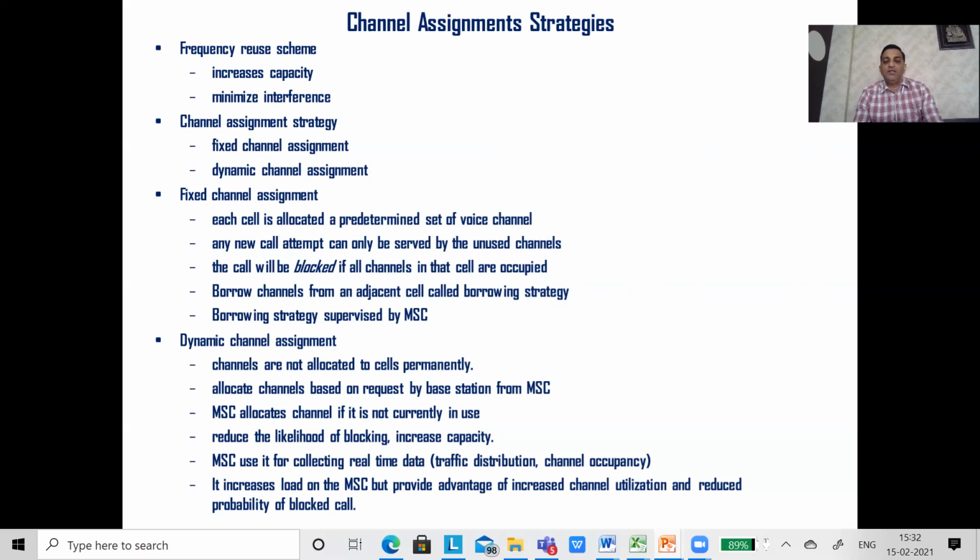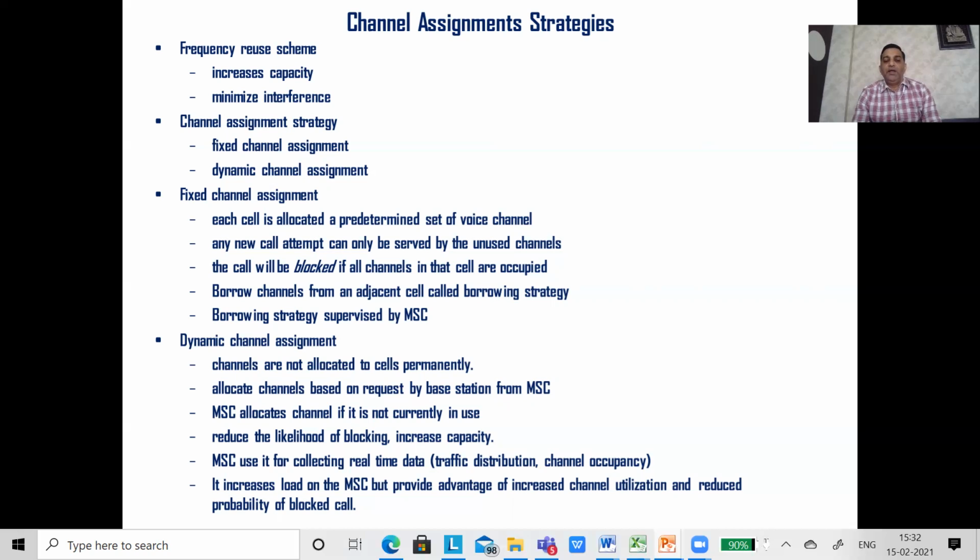In the dynamic channel assignment strategy, this reduces the likelihood of blocking and increases the capacity. The blocking probability that happened in fixed channel assignment will not be here in dynamic channel assignment.